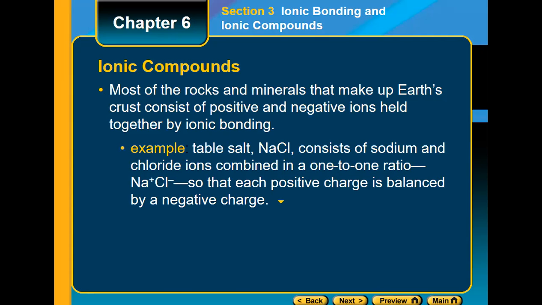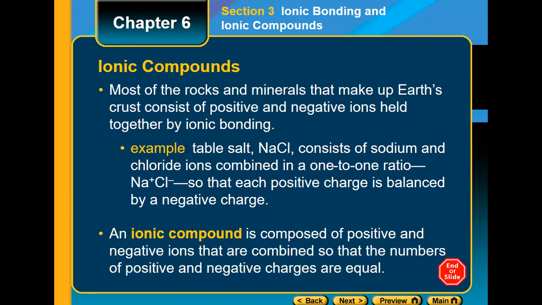For example, table salt can be found in a natural rock in large amounts, called halite. It's made of sodium and chlorine, in which the positive sodium ion combines with the negative chlorine ion, forming table salt, or halite.